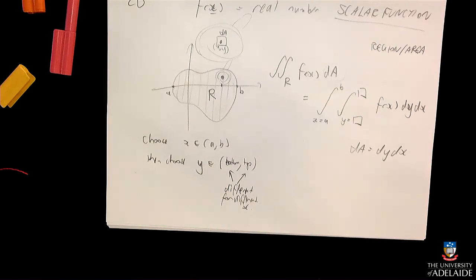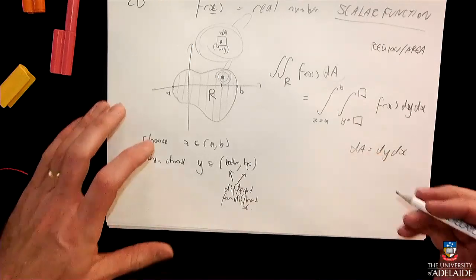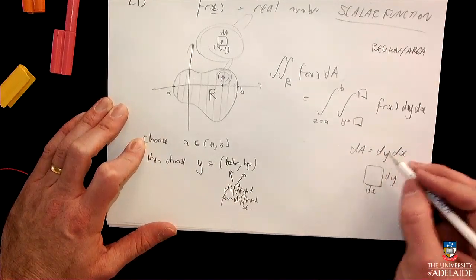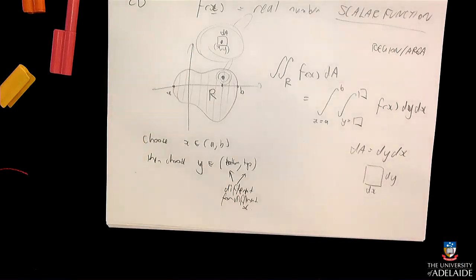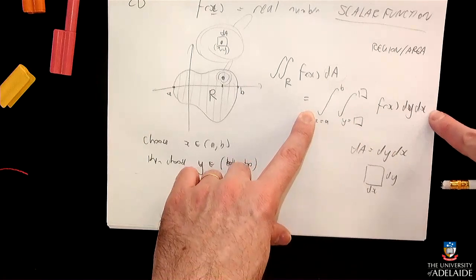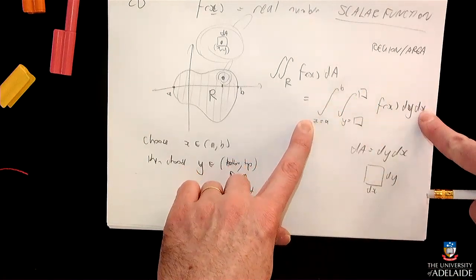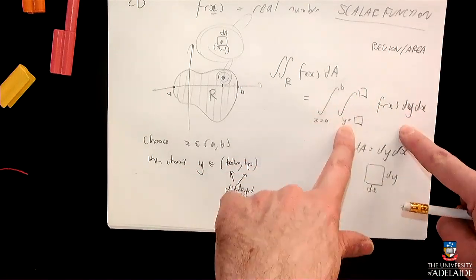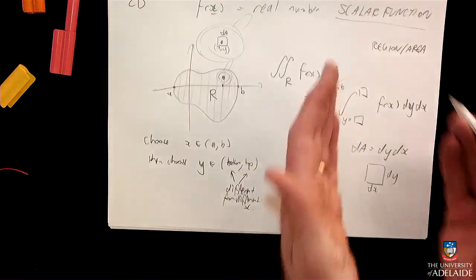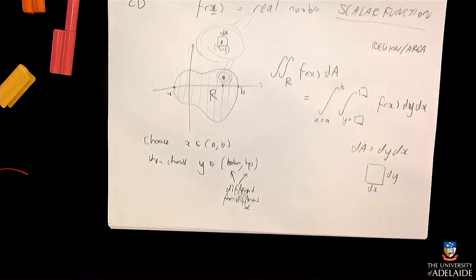If your coordinates are not running by a dy times dx sort of thing, sorry, it should be dx dy, it doesn't really matter. It does matter, though, that the first one that happened has to be the last symbol. So if this is about x's, this one has to be about x's as well. And then the next one in both have to be about the same variable. They need to be wrapping in like brackets.